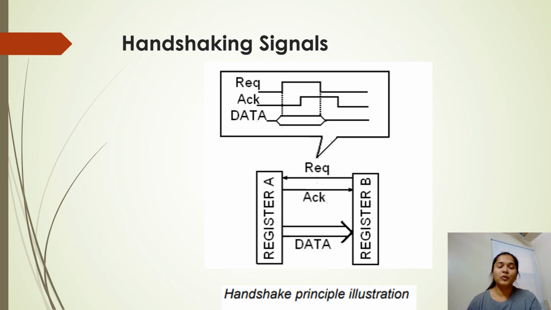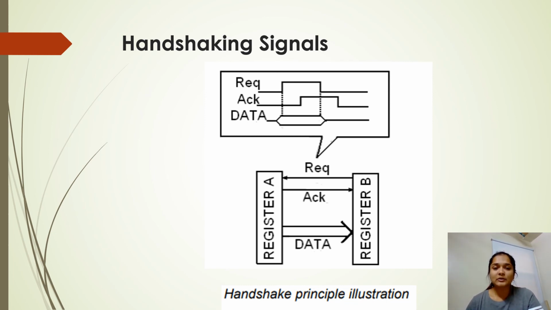Now we see in detail. Now we are looking at the details of handshaking signals. As we saw in the previous slide, handshaking signals use two wires. One is for request and one is for acknowledgement.